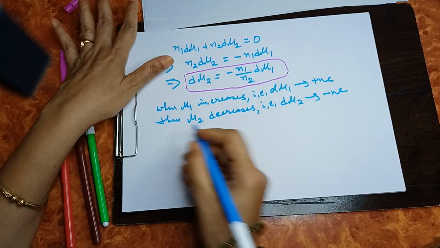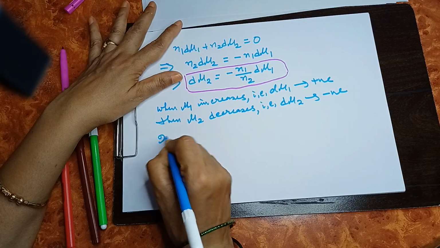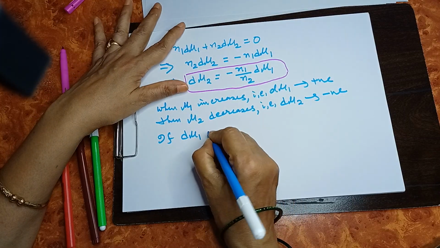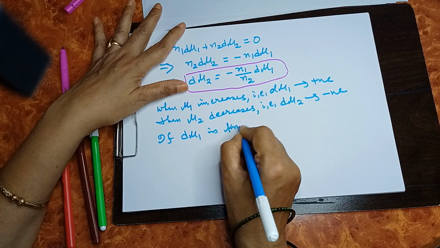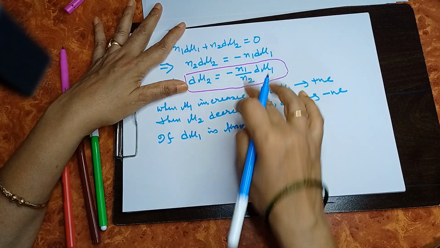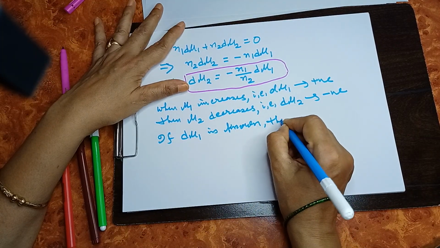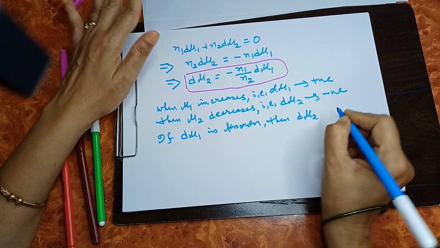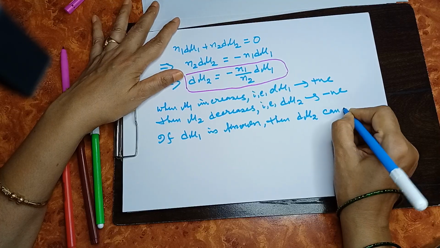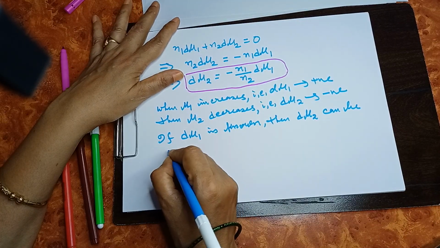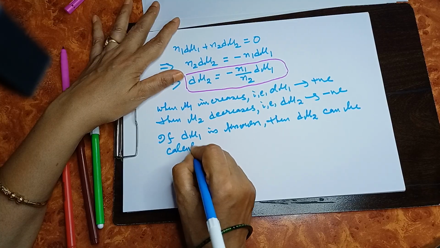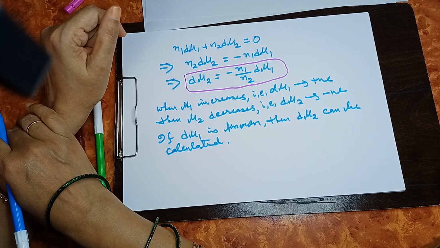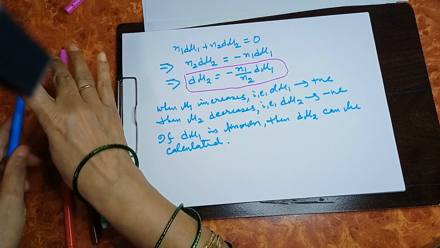And from this equation, one more thing you see: if d mu 1, the change of chemical potential of one component, is known, and obviously the numbers of moles are known, then d mu 2, the change of chemical potential of the second component, can be calculated. So this is the significance of the Gibbs-Duhem equation. Hope you have understood. Thank you.